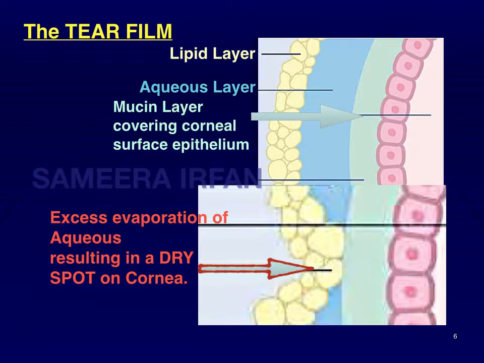As the aqueous layer reduces, a dry spot forms on the cornea, and that dry spot can incite ocular surface inflammation, because as the amount of aqueous reduces in the tear film, the solutes or salts present in the tears become concentrated.